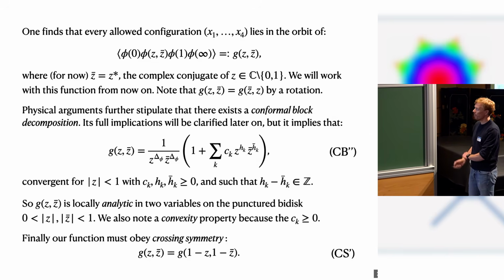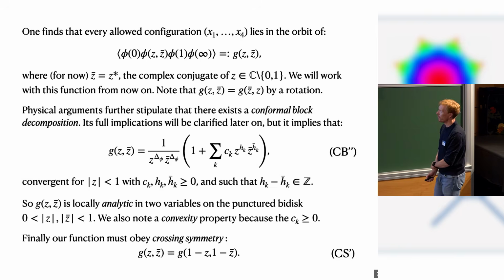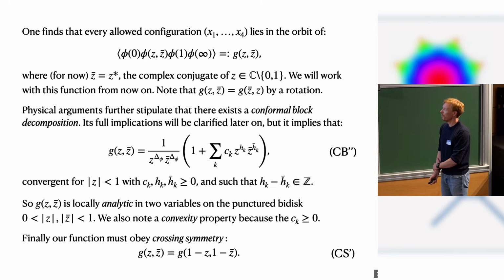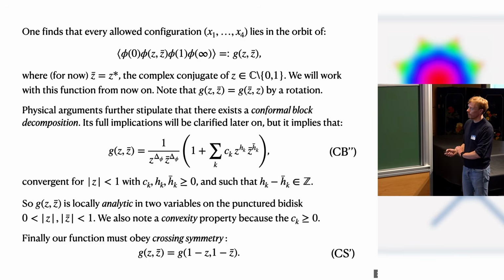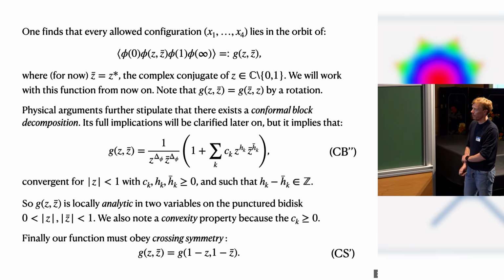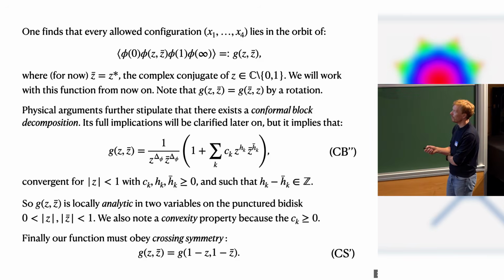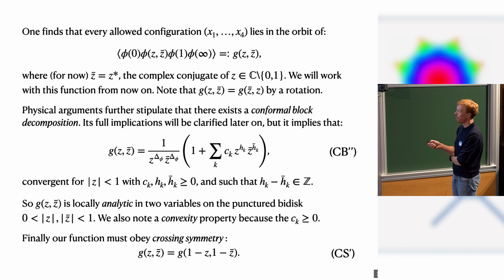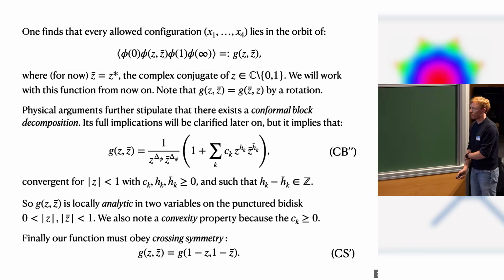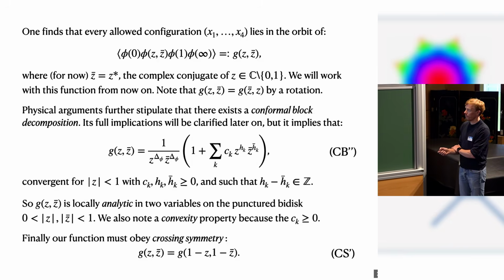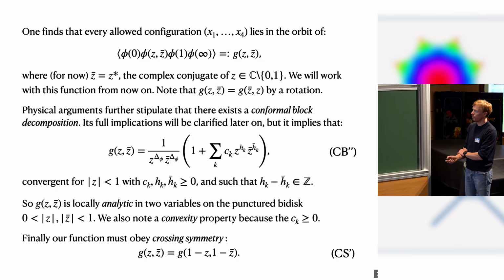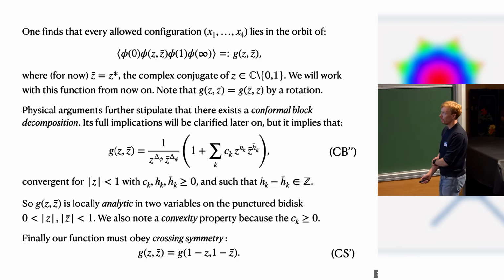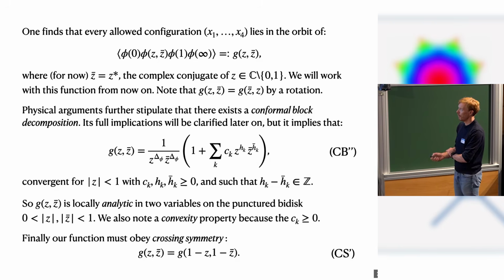So CB double prime is a consequence of the conformal block decomposition, but is not equivalent to the conformal block decomposition statement. So for us, as a first warm-up equation, we'll just say that the conformal block decomposition in particular implies that this function has this structure. This sort of generalized series decomposition is convergent in the unit disk, |z bar| less than 1.